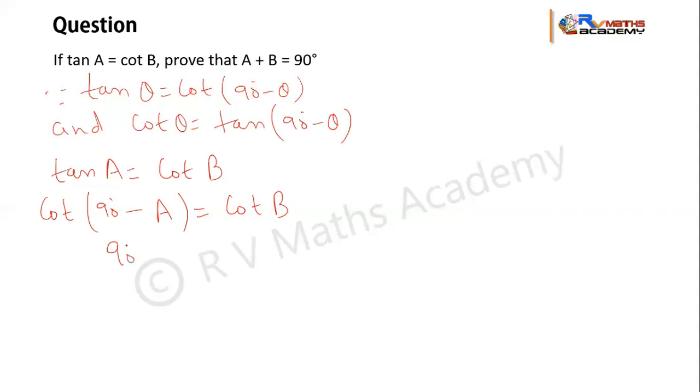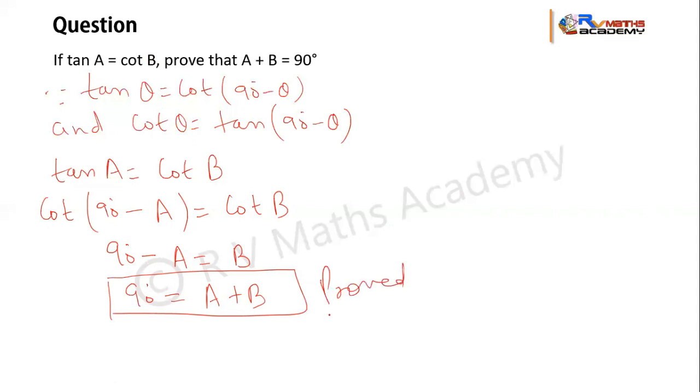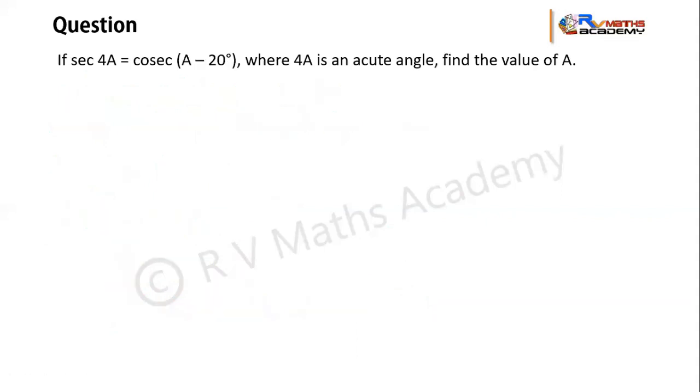So on comparing, we can write 90 degree minus A is equal to B. So bring this A on the right hand side, this is negative, so it will become positive. So we will get A plus B is equal to 90 degree, and that we have to prove. You will get the same result if instead of the left hand side, you change the right hand side. Now, come to the next question.